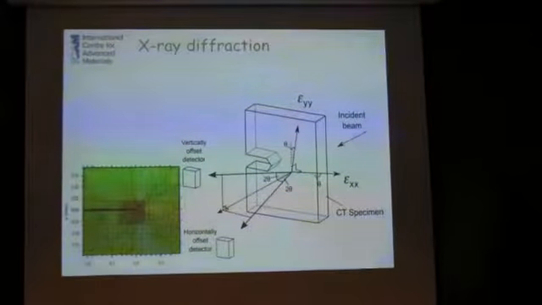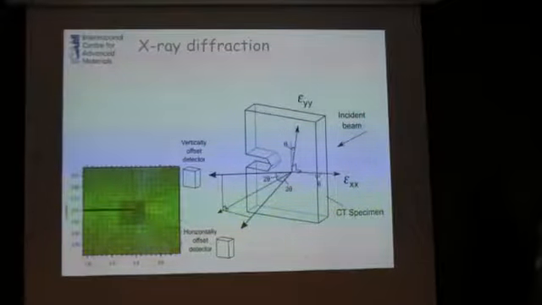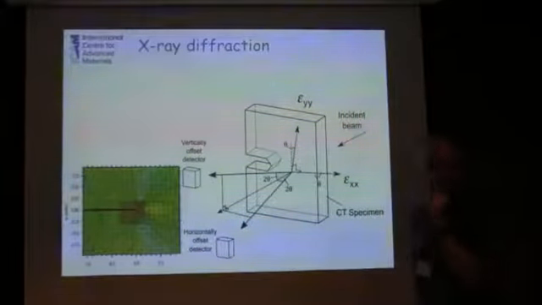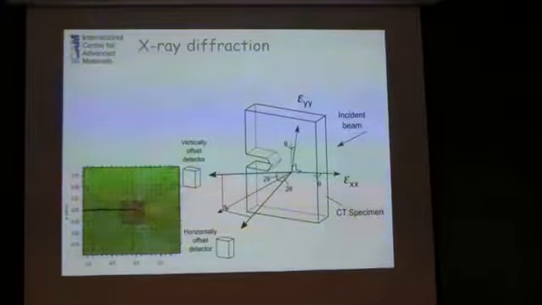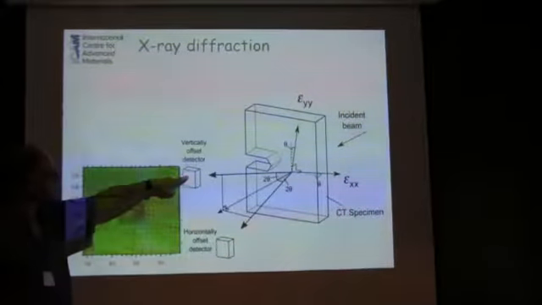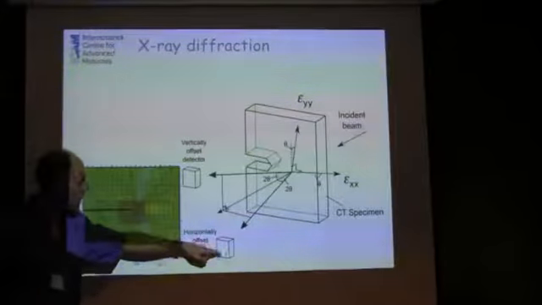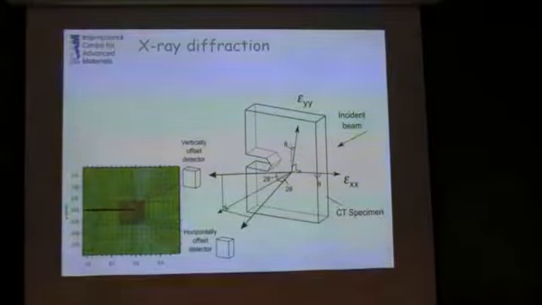Okay, so the method we're applying is very simple. We use a small beam, a little pencil beam. We fire a pencil beam in, and because we're using very hard X-rays, the diffraction angles are very low. Just like in an electron microscope, the beam is coming in and it's only deflecting a small amount. In fact, it's deflecting about 5 degrees. So we measure vertically a 5-degree diffracted beam and horizontally a 5-degree diffracted beam.